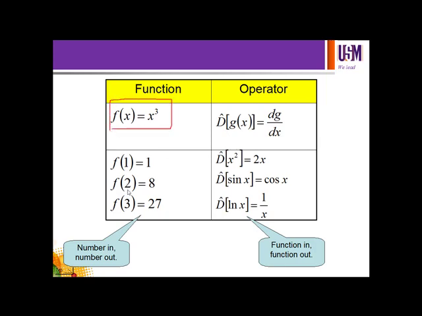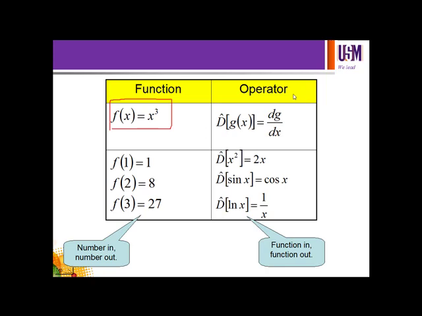If x equals 2, then the function will give you the number 8. If x equals 3, then the function will give you the number 27. That is the number in, number out. For a function, you give a number, then the function will give you another number.